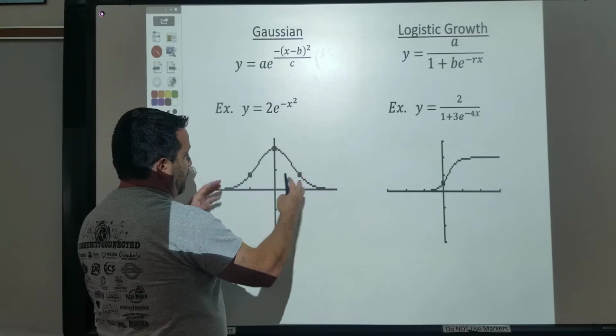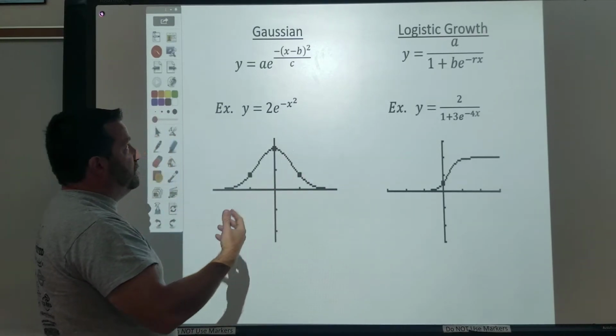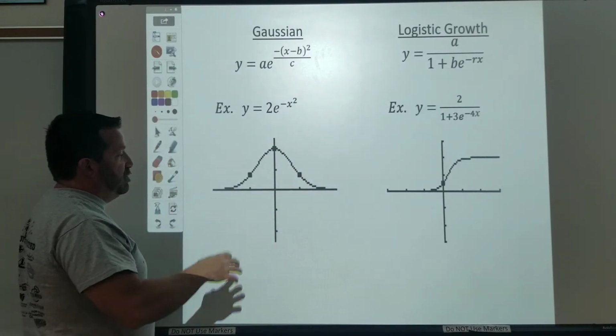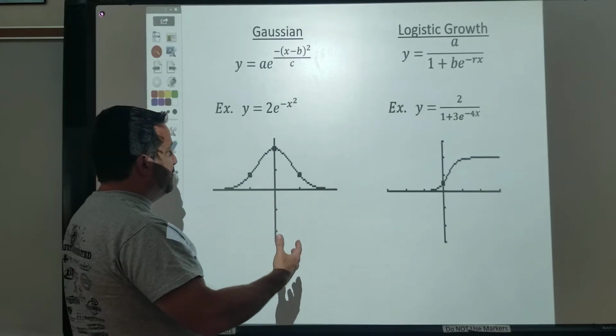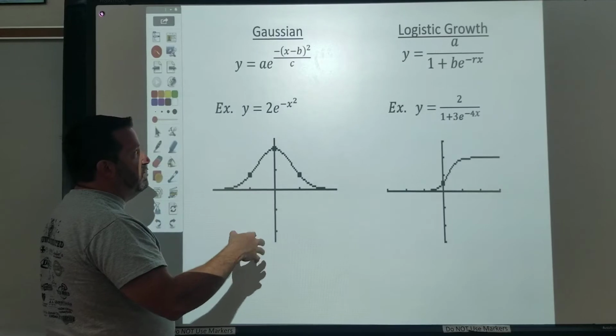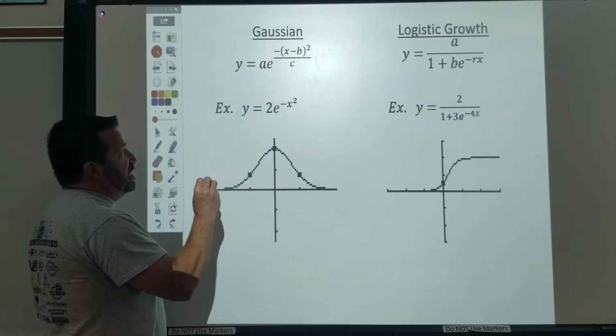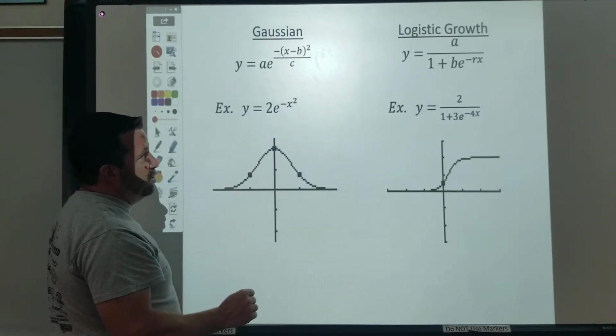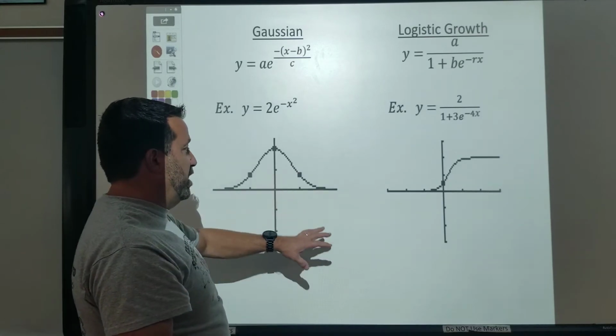This is the bell curve, as it's also called. It's used in statistics a lot to figure out the median and standard deviation and things like that. So when you get into a stats class, you're going to be dealing with something that looks a little more like that. But we won't be dealing with that in here.